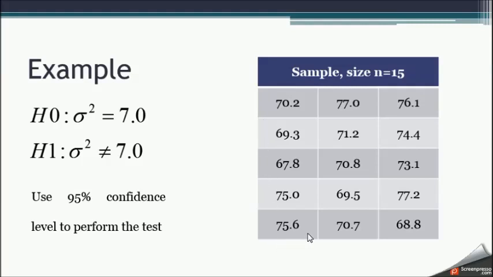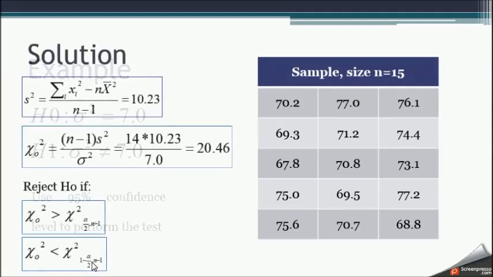Now we are going to test for the variance of this property among the population. We are also going to use the 95% confidence level, which is the most popular confidence level. So this is again our sample, and this is our measurement for the specific property we are testing.